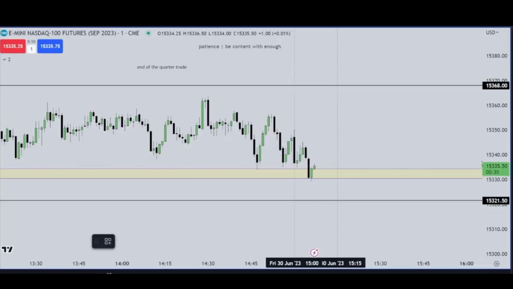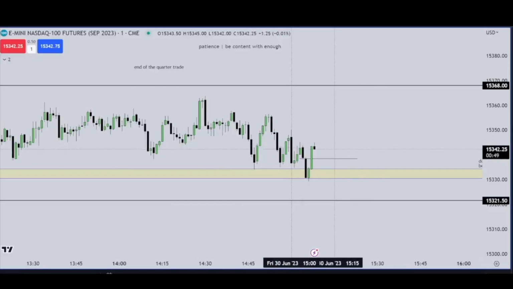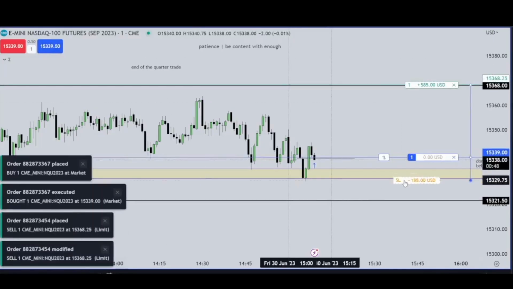So again, here I'm looking for that down close candle to get broken above, and there it is. And I'm putting my fill right at the open of that down close candle, and I buy.